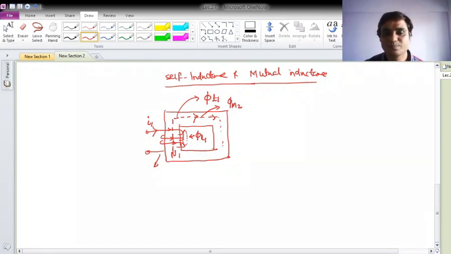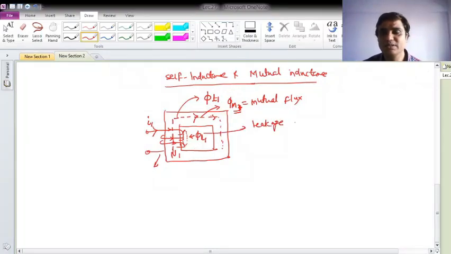So this way we can decide the direction of this flux, and this flux we can call the mutual flux, phi m1, and this flux is my leakage flux when current I1 is flowing in coil 1.